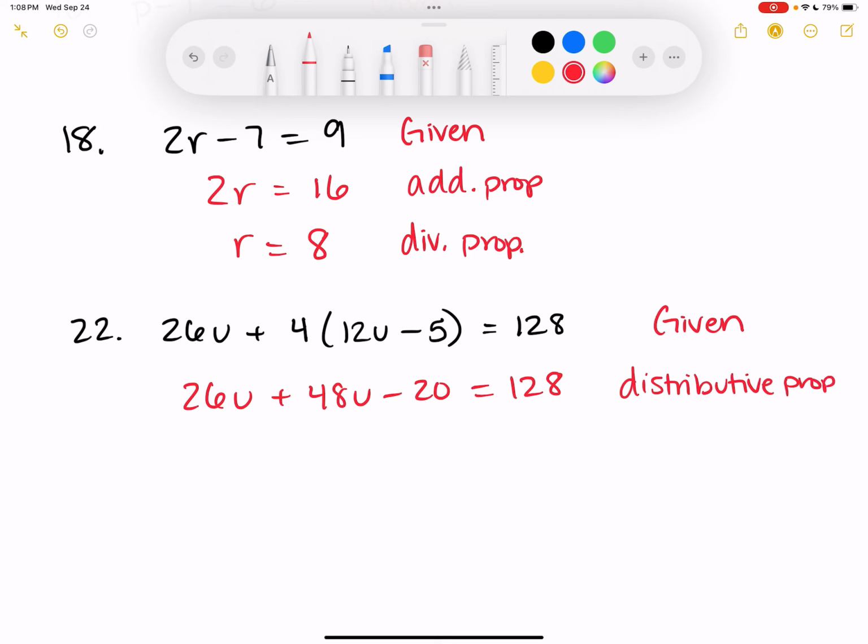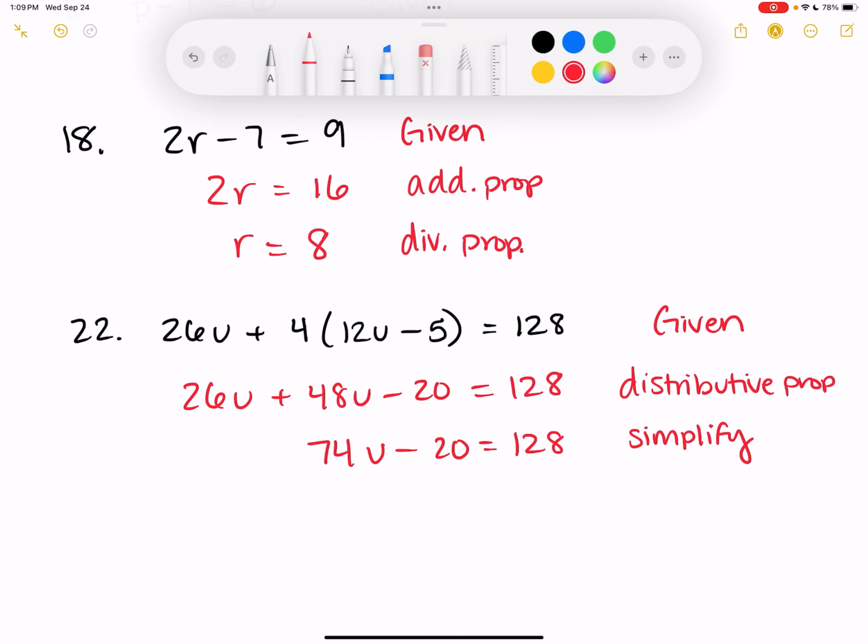What would be the next thing that I would do? Combine like terms. Yep, so 26 and 48 is going to give me 74u minus 20 equals 128. Combine like terms is a little bit longer. If we just say simplify, it's something that's shorter, but either way, like I said, would be fine.